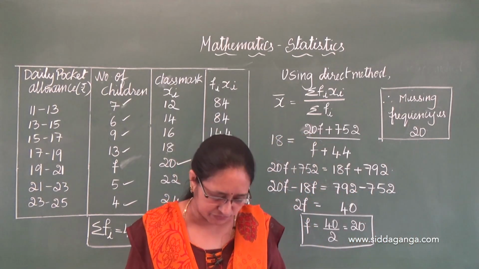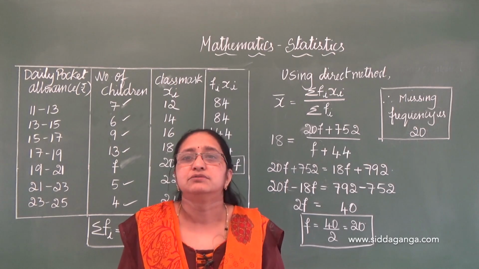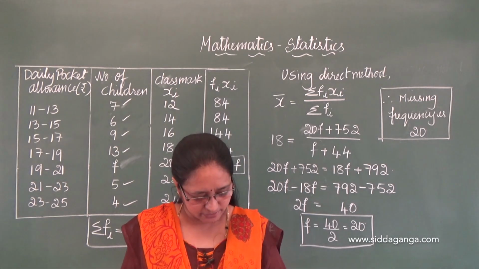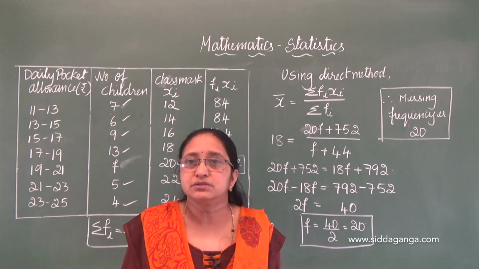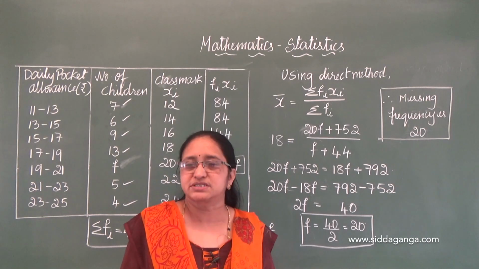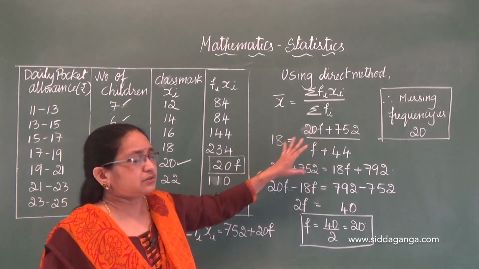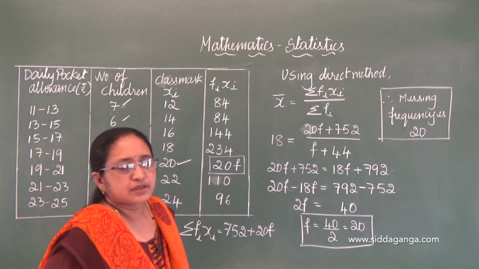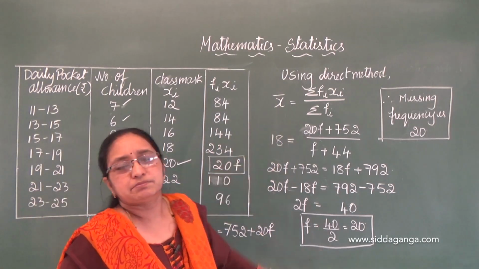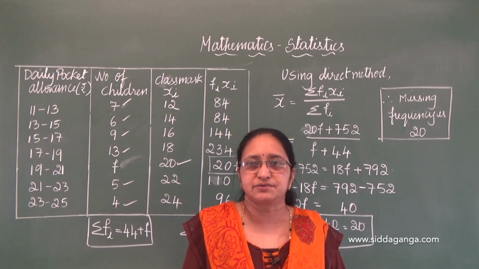Missing frequency F, you can mention F because they have given it in your textbook as F. Missing frequency F is 20. So like this, you can work out the missing frequency. You can find out the missing frequency by using this direct method only, because we cannot do that with the assumed mean method and all. So it's better to adopt the direct method to find out the missing frequency.